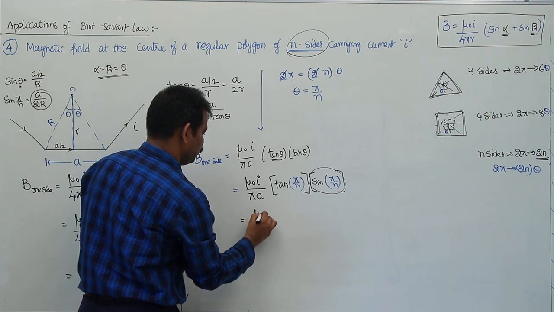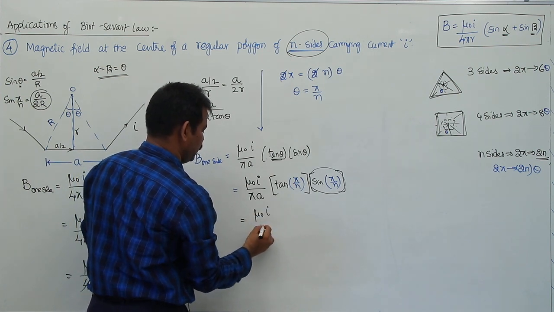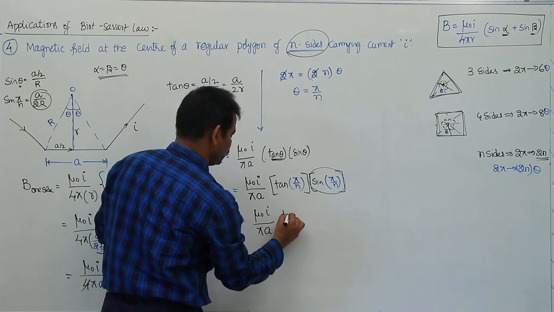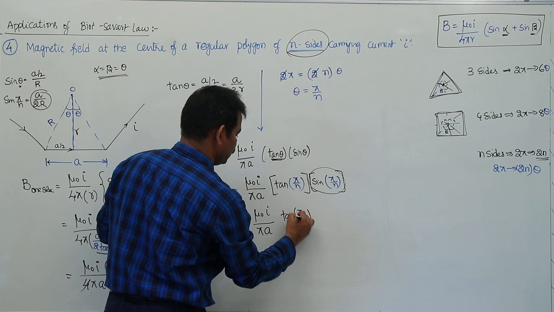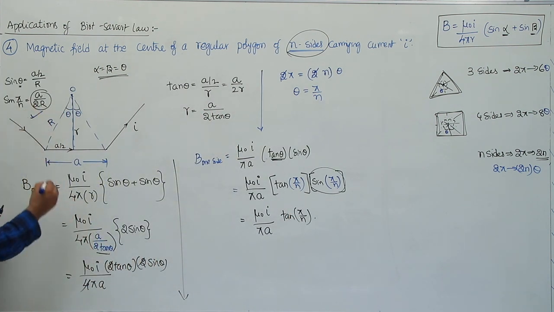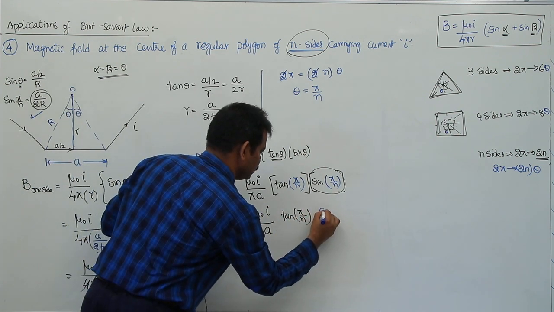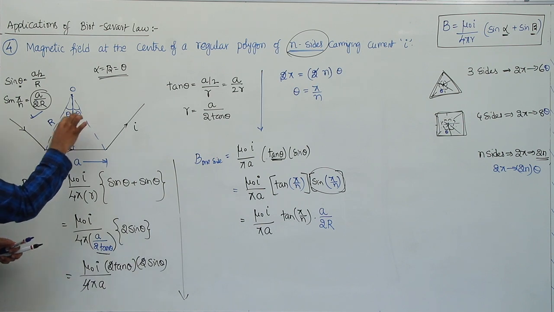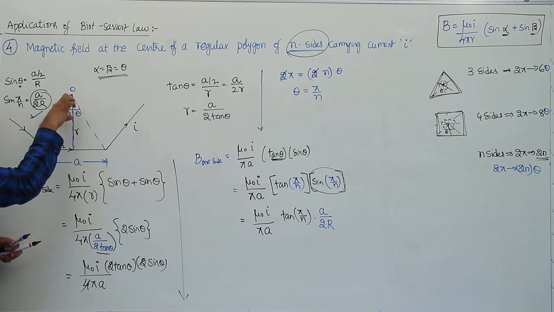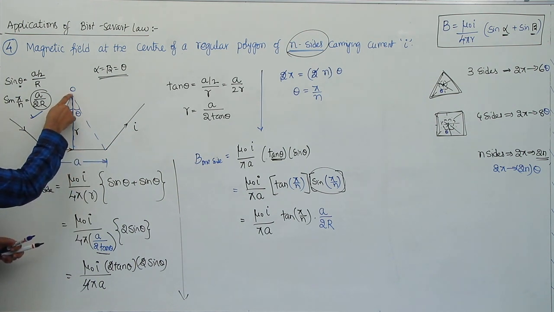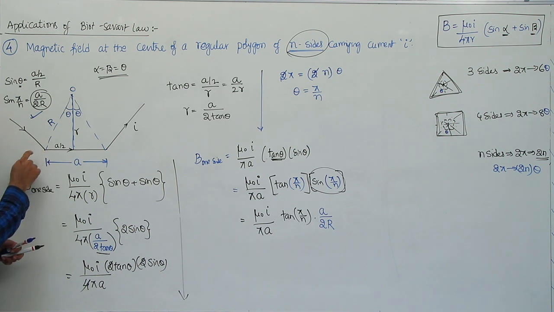So you can write mu naught into I by pi into a into tan pi by n into sin pi by n, where sin theta is equal to a by 2r. So I can write this as a by 2r. Don't confuse between small r and capital R. Small r is the perpendicular distance from this point to this element, this infinite wire, and capital R is the distance from this point to the vertex of this one.